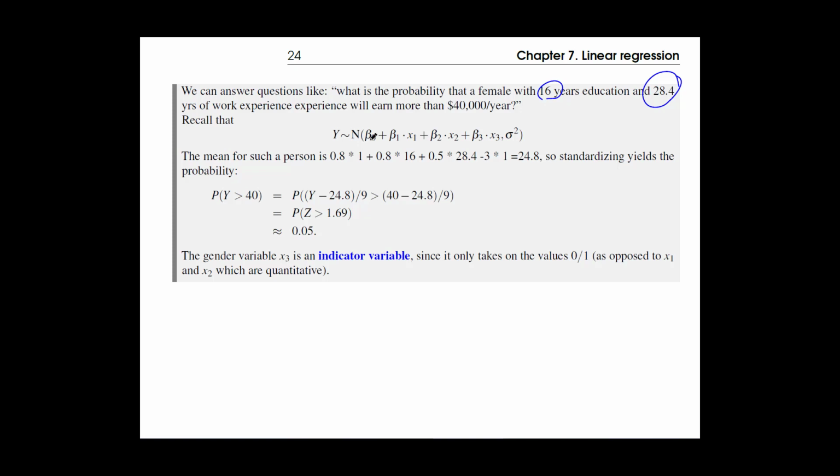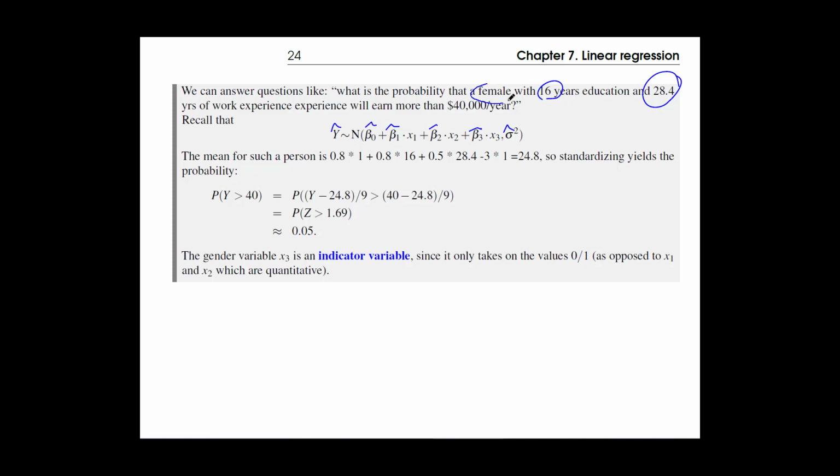So y is normally distributed with the mean given by the line and sigma squared. When we're doing estimations, we should put hats everywhere because everything is an estimator now. We compute first the mean, so evaluate the line at all these values.